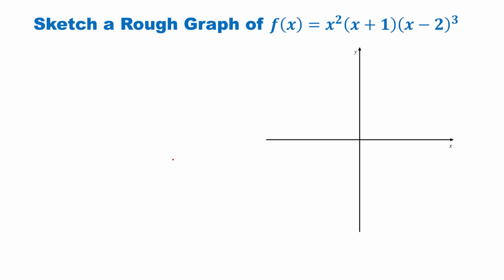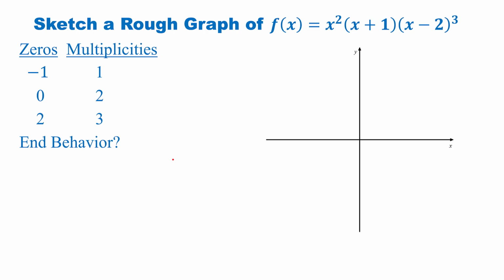Now to sketch a rough graph of this function, we have our zeros of negative 1 with multiplicity 1, 0 with multiplicity 2, and 2 with multiplicity 3. Now we want to look at the end behavior. So let's real quickly see, for the end behavior, what would the leading term be? It would be x squared times x raised to the first power times x raised to the third power.